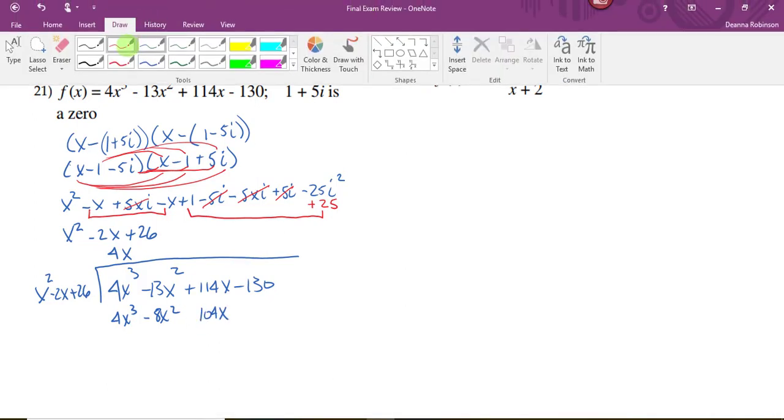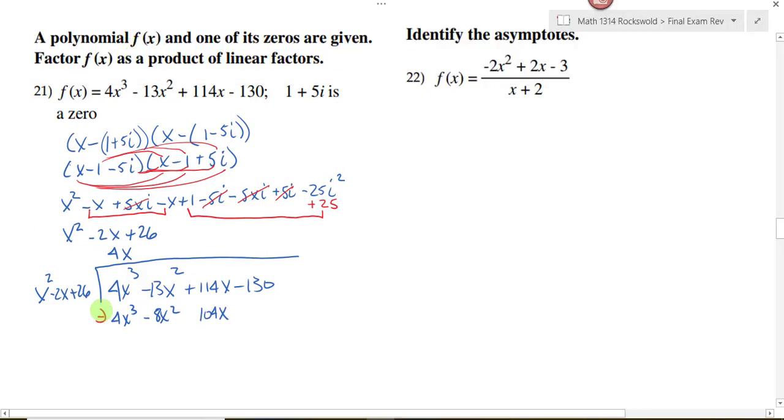And then I need to subtract, so that means I'm going to change my signs and add. So these terms are going to zero out, and negative 13x squared plus 8x squared is negative 5x squared, and 114x minus 104x is 10x minus 130.